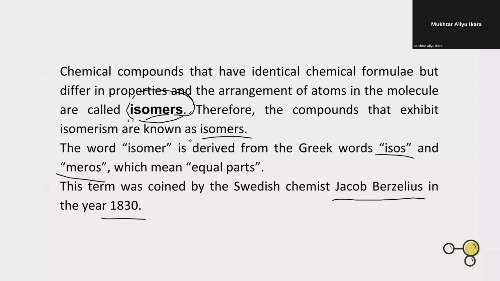So it means that the first scientist that coined the word isomerism is Jacob Berzelius in 1830. Isomers are the compounds that exhibit isomerism, while isomerism is a phenomenon that shows how compounds have the same molecular formula but different structural formula.